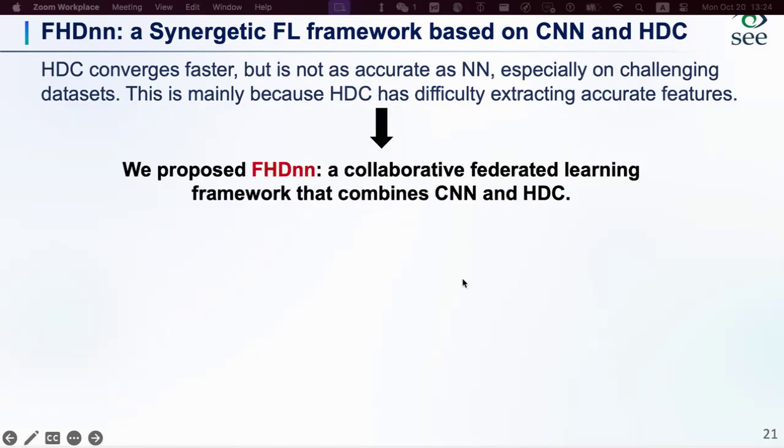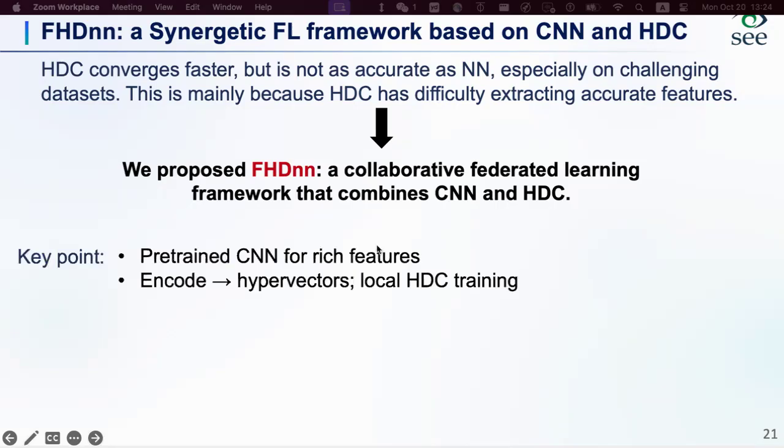To overcome these problems, we propose FHDnn. This is a collaborative federated learning framework that combines CNN and HDC. It uses a pre-trained model as a feature extractor. Then the outputs are encoded into hyperdimensional vectors, and then used for federated learning training. CNNs are good at learning features from image datasets with high accuracy.